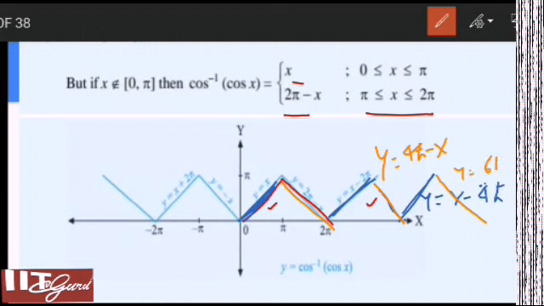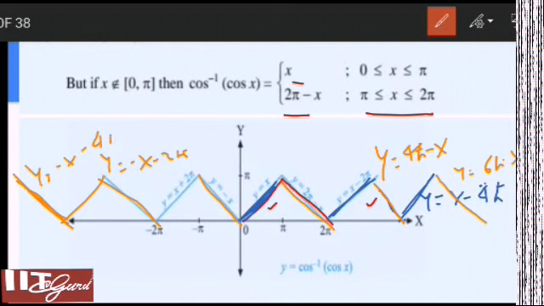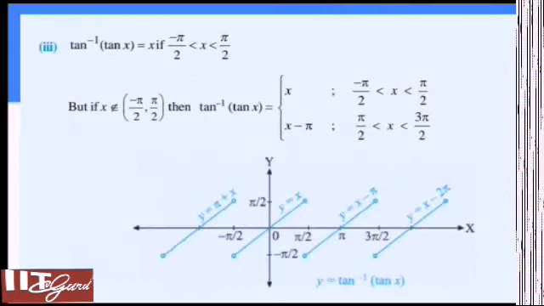But when you see this one, y equal to minus x, you have to include 2 pi, so y equal to minus x minus 2 pi. Later you will get once again this part, y equal to minus x minus 4 pi, and so on. Okay, fine. So this much we have studied.